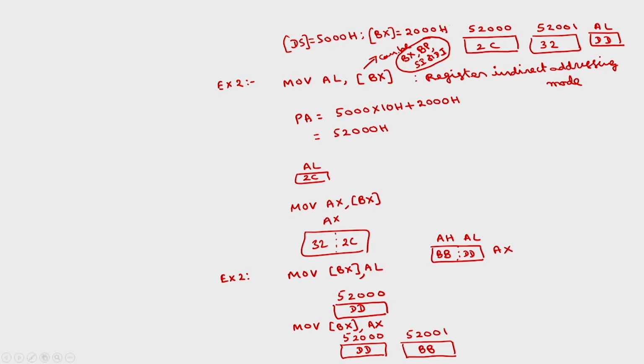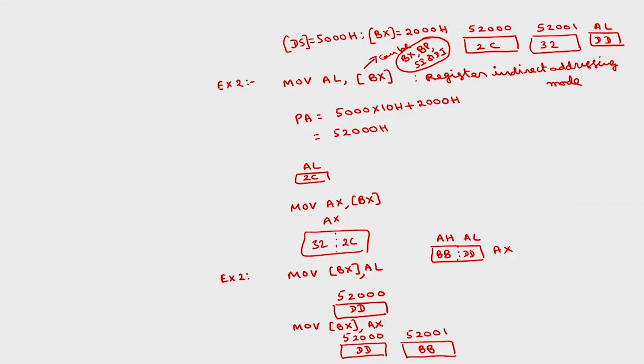BX is a general purpose register which can be used to store data like AX. In addition to that, BX is also used as a base register in address calculations of this register indirect addressing mode. So the possible registers here are BX, BP which is base pointer, which I have discussed in the architecture, source index or destination index.